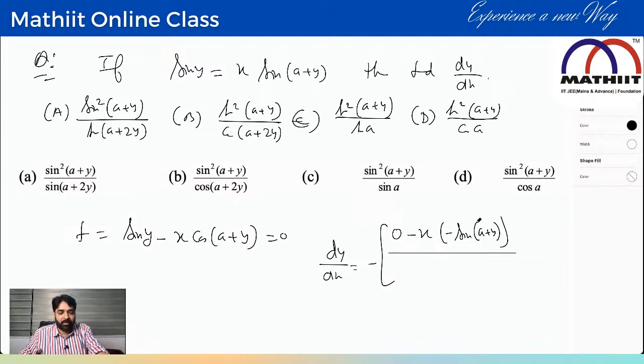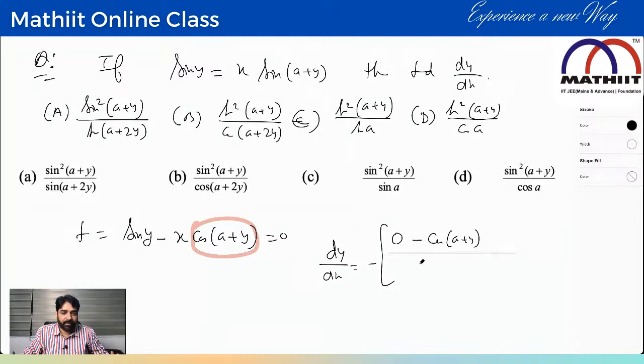I'm sorry. Differentiation with respect to x treating y as a constant. So this will become 0. This is the constant, because y is constant, so cos(A plus y) will also be constant. So now that will come out to minus x differentiation 1 cos(A plus y), divided by the differentiation with respect to y treating x as a constant.